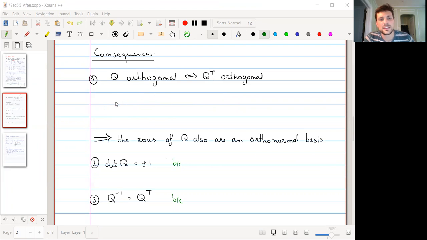Essentially, the idea is that you can write Q transpose Q in terms of rows instead of columns.